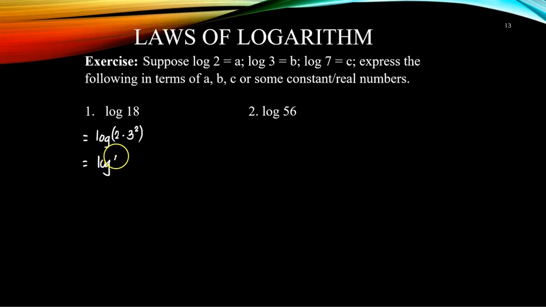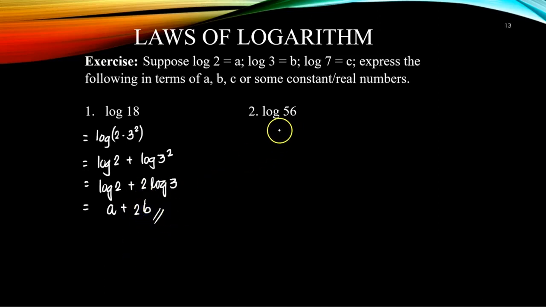So logarithm of 2 plus logarithm of 3 squared. I'll rewrite them first as logarithms: this is 2 logarithm of 3. Now looking back up, logarithm of 2 is equal to a, and logarithm of 3 is b. Therefore, this is a plus 2b. So that would be it.